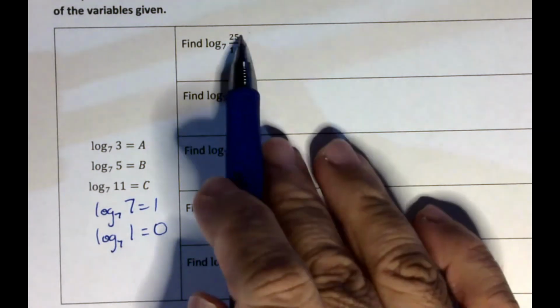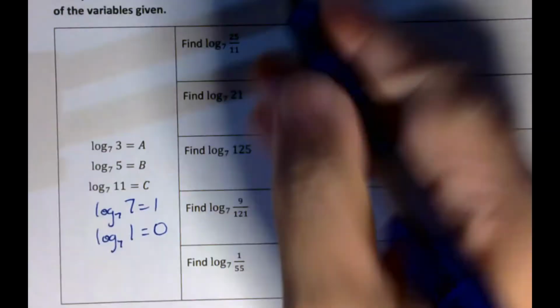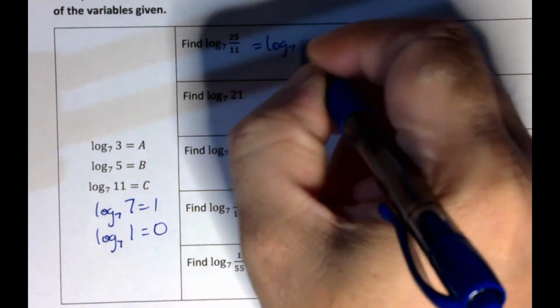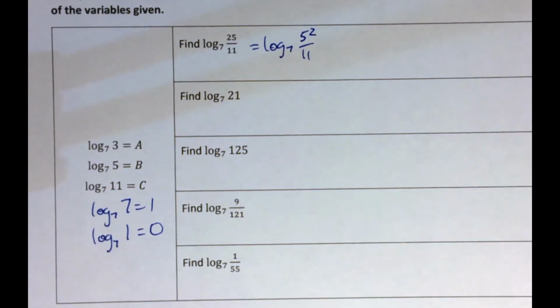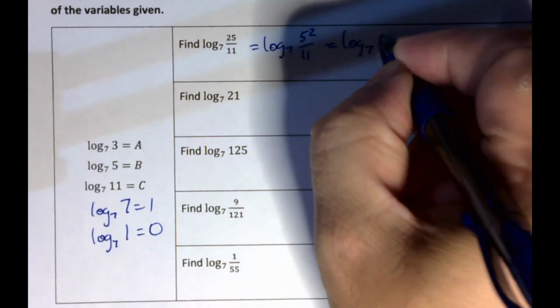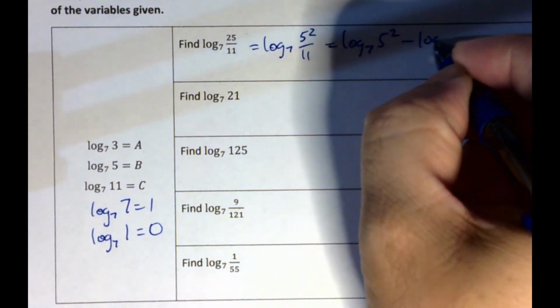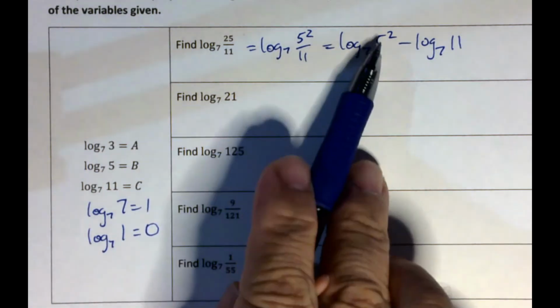So 25 and 11. 25 can be written as a power of 5, and there's 11. So we'll write log base 7 of 5 squared over 11. Now we split that up, right, using the quotient rule. So it's log base 7 of 5 squared minus log base 7 of 11. And the exponent comes down.